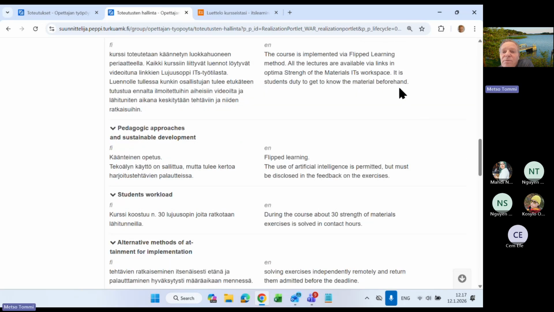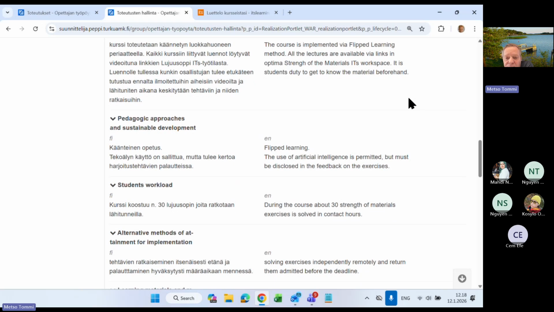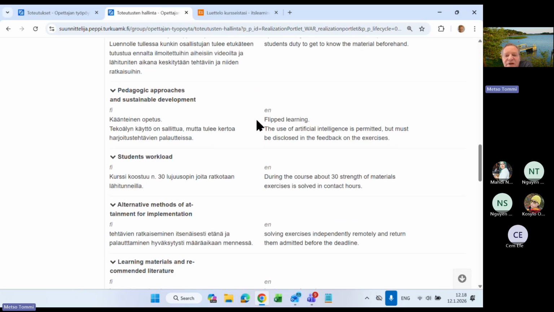And I put those links to this material also, so you can find them. And also this recording now goes to your Teams environment. You are used to this flipped learning system, so I don't think we have to explain it.